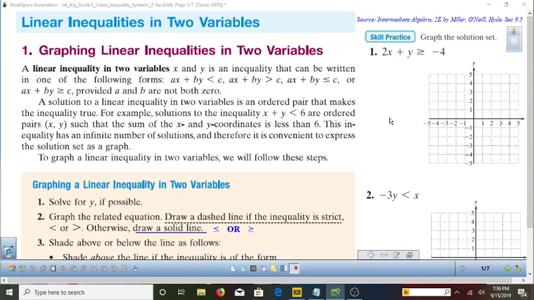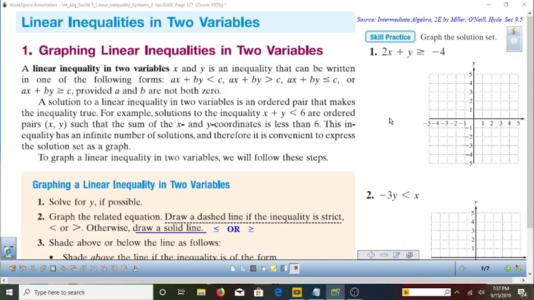When we talk about a solution to a linear inequality, we're not talking about simply one point where two lines meet. We're talking about all points in a region that relates to what the inequality is saying, all points that satisfy the inequality and therefore fall in the region of the graph that the inequality describes.